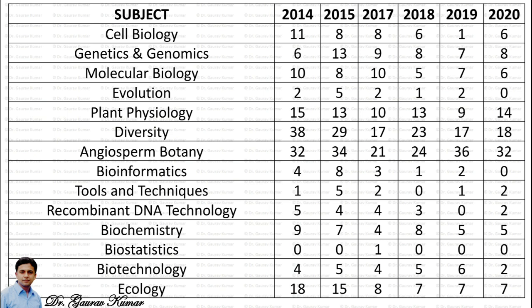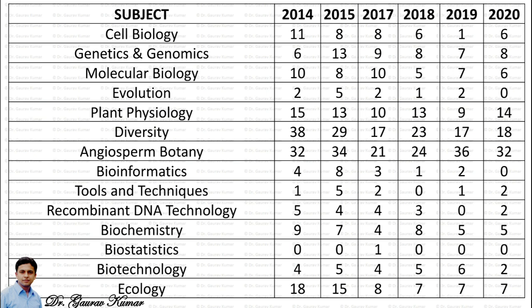But since it is the MSc Botany entrance exam and not MSc Biochemistry or something related to cell biology, obviously cell biology, genetics, genomics and molecular biology will be given less preference compared to angiosperm botany, plant physiology, diversity and so on. You will see that in evolution also very few questions were asked. In plant physiology, the questions were good, around 14 questions in 2020.